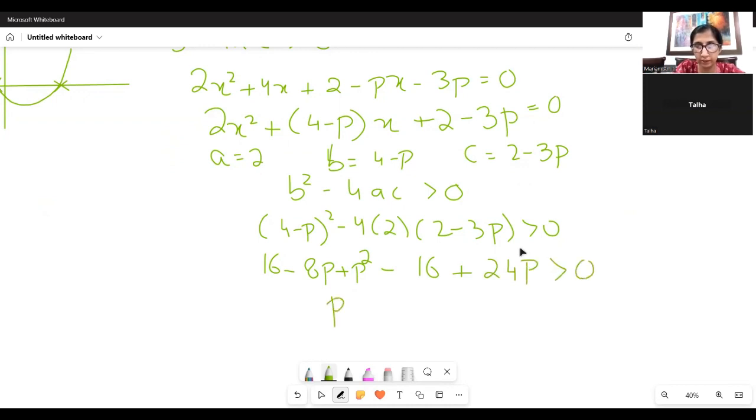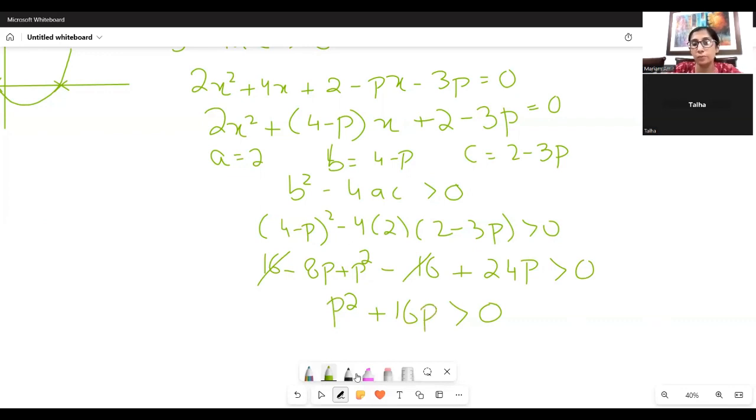So p square and then 24 minus 8 is plus 16. And then 16 and minus 16 gets eliminated, greater than 0. Plus 16p, sorry, this is 16.